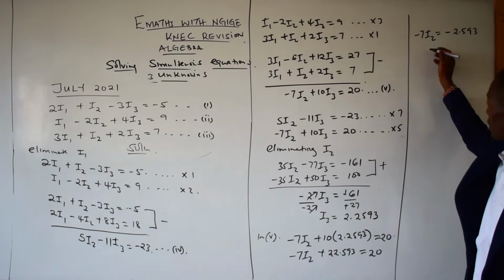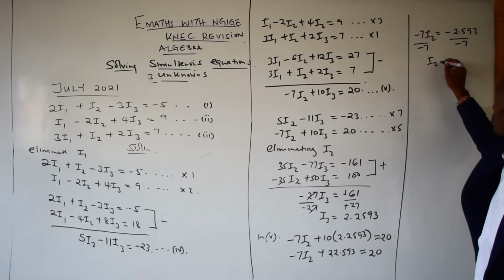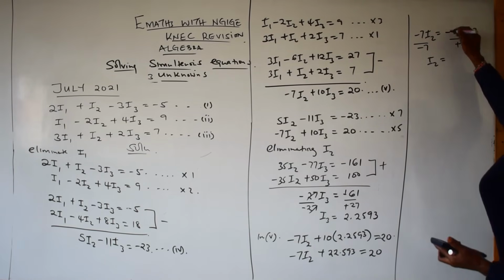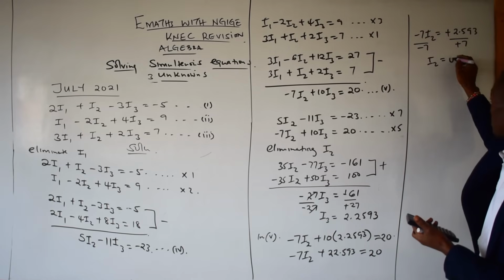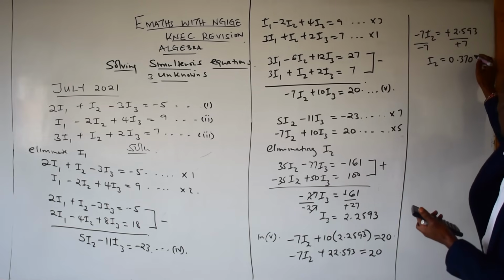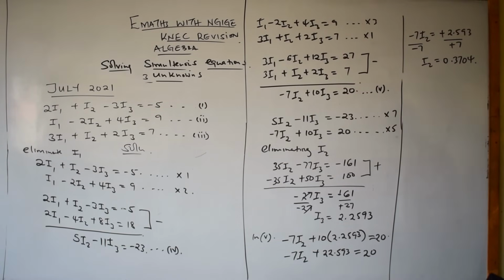Then divide by negative 7 on both sides, and the negatives go. So I2 will be 2.593 divided by 7, which gives 0.3704. Now you have your values of I3 and I2.